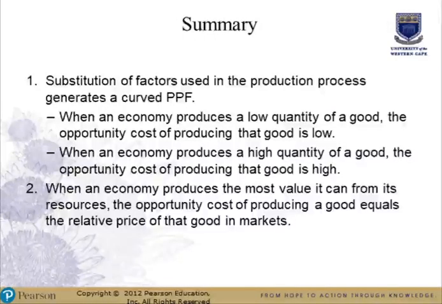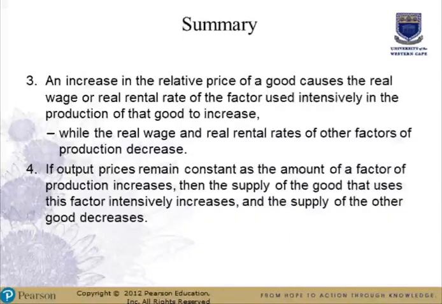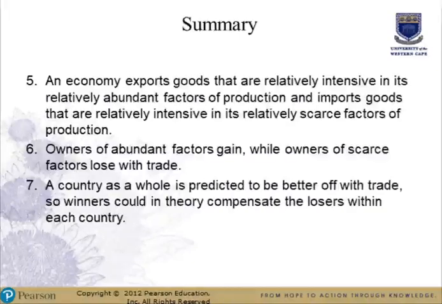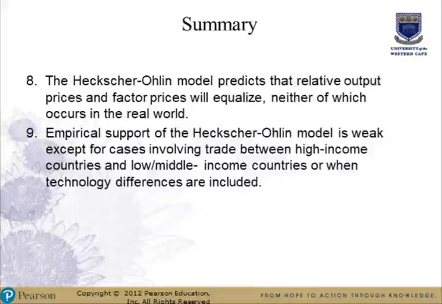More so, the trade of developing and developed nations also fits the model quite well. Apart from the mixed results observed from the empirical tests, the Heckscher-Ohlin model remains vital for understanding the effects of trade, especially on the distribution of income.